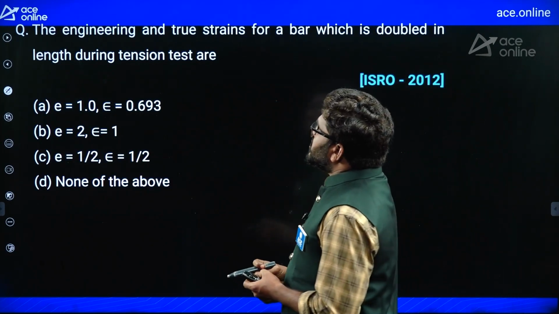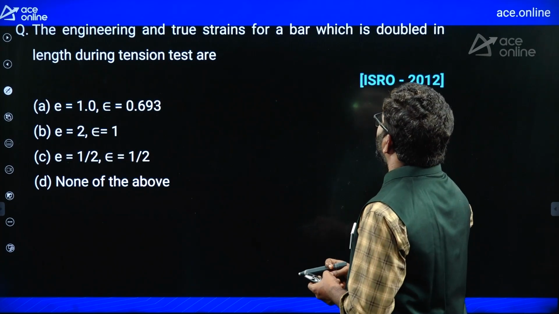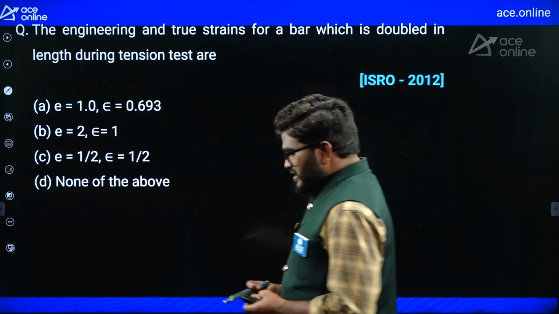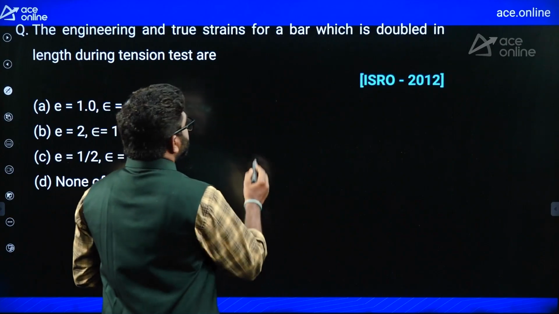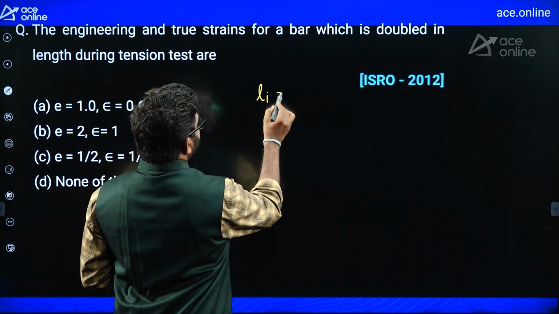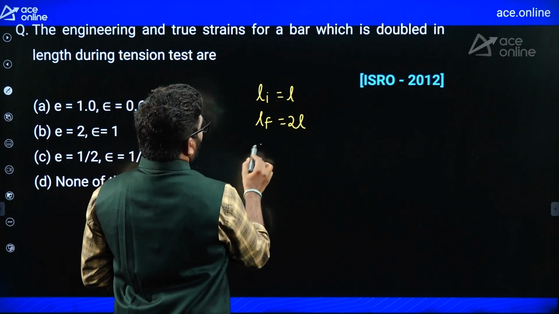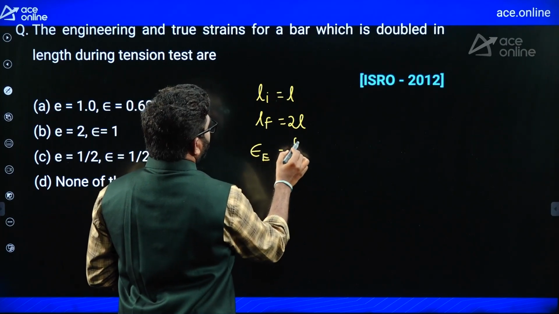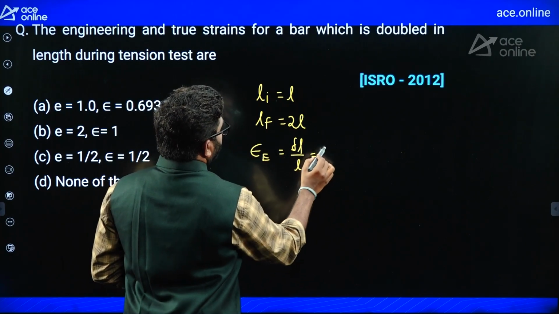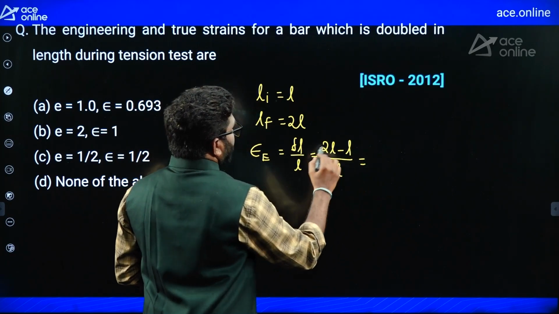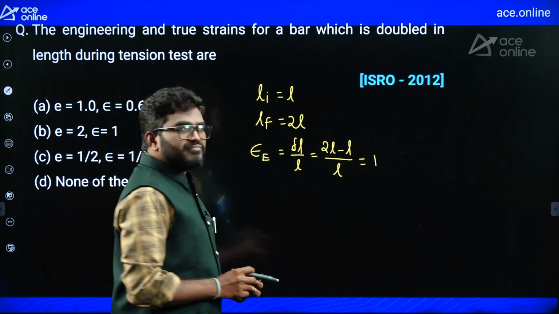Now, the engineering and true strains for a bar which is doubled in length during a tension test. Now, listen, let us consider initial length is L, final length is 2L. Now, engineering strain is what? Delta L by L, that is 2L minus L by L, that is L by L, that is 1.